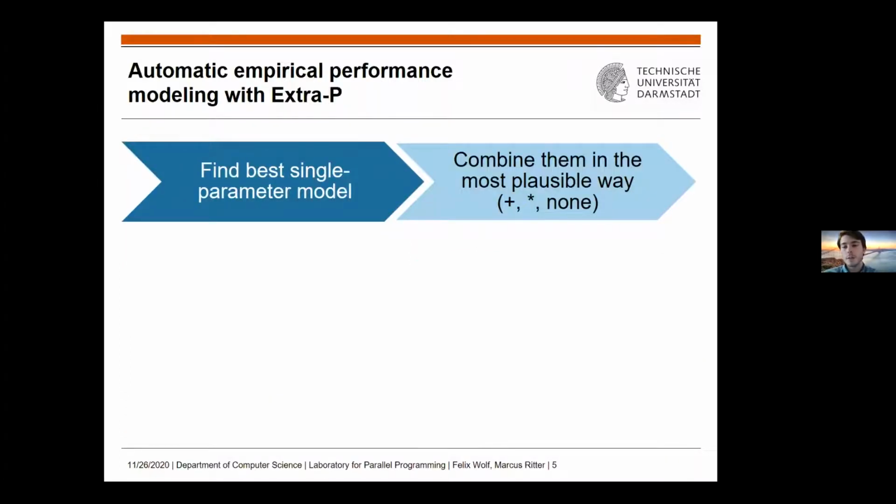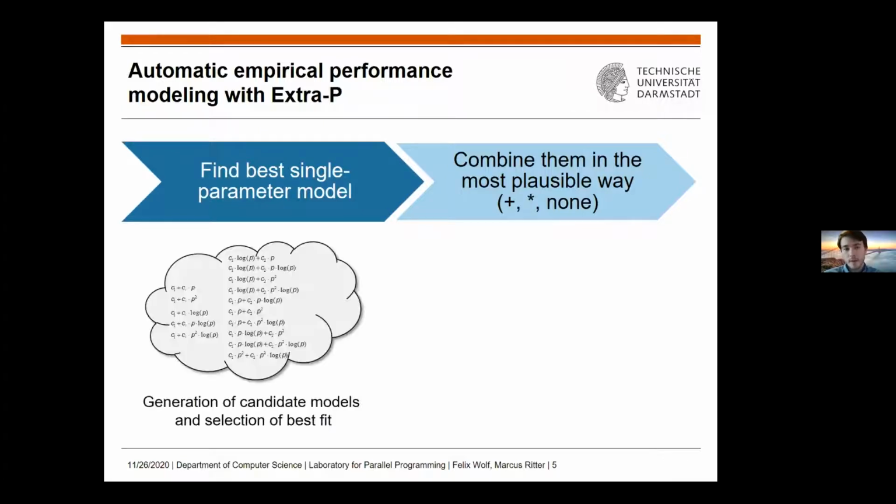How we do this is actually pretty simple. We're trying to find the best single-parameter model by combining different hypotheses we construct. So for example, we want to model just one parameter.